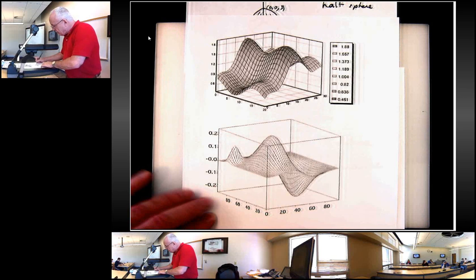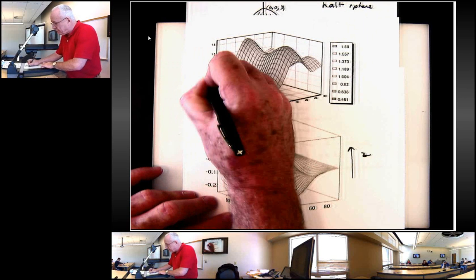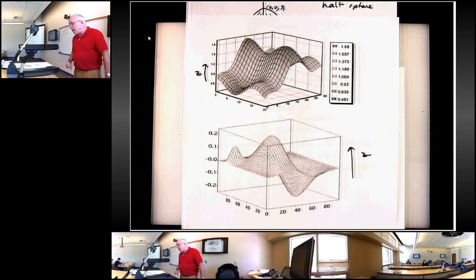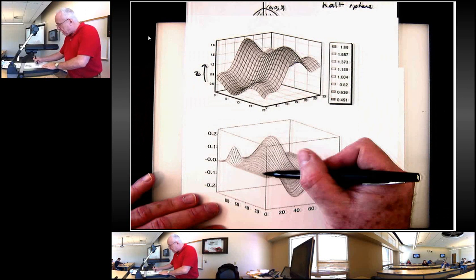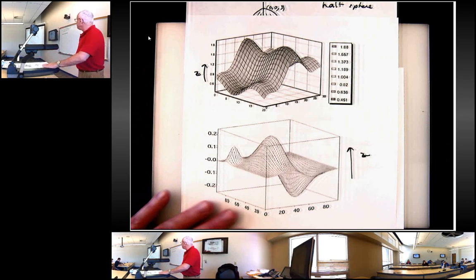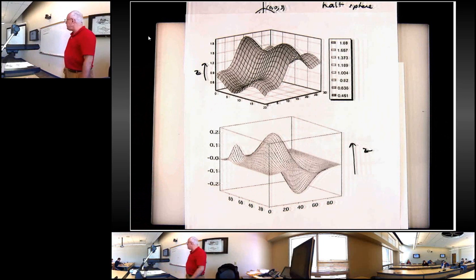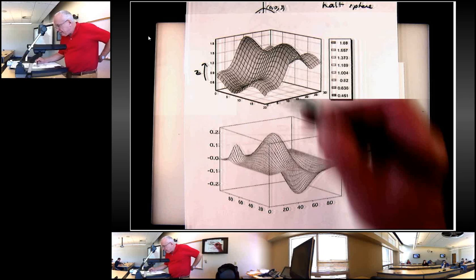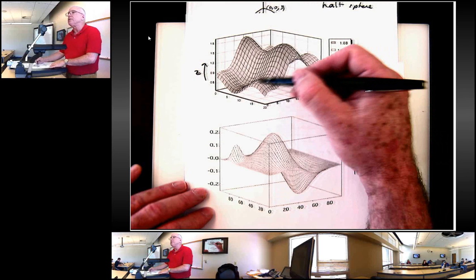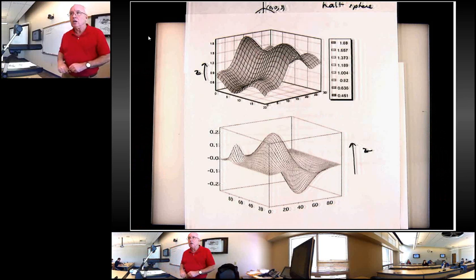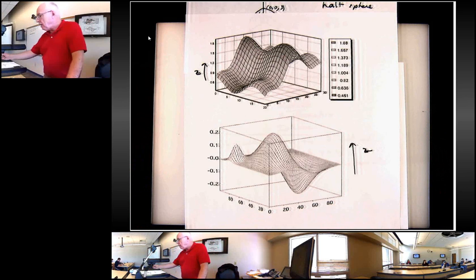So that's our Z up here, and here we have our XY plane. And notice we've got these contour lines going in both directions. I think you can probably see it better on the one that's up above. And these are for equally spaced values of X and equally spaced values of Y. So they give you an idea.